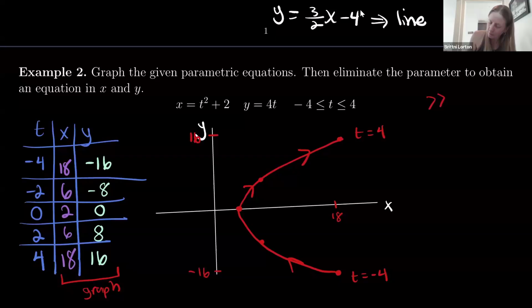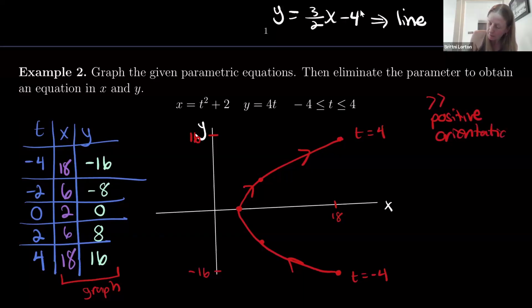So those arrows are indicating what is called the positive orientation. And we say positive orientation not because t is positive, t could be negative, but because it moves in the positive direction. It only moves forward rather than back.